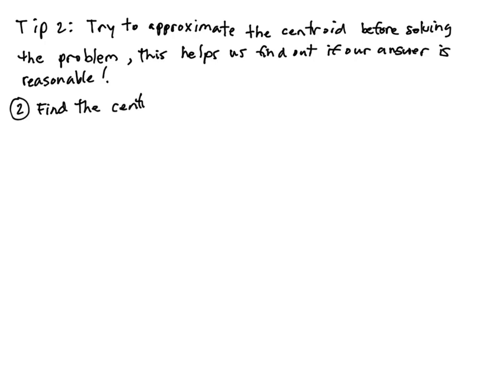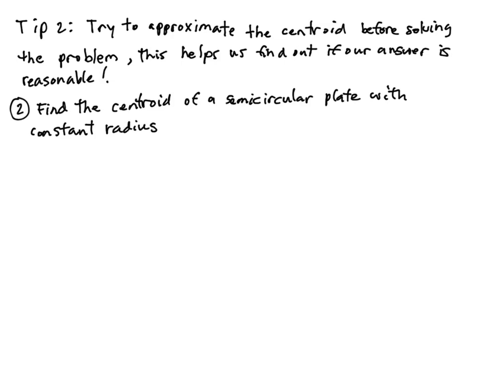Find the centroid of a semicircular plate with constant, not radius, I meant to write constant density rho, and radius 1.